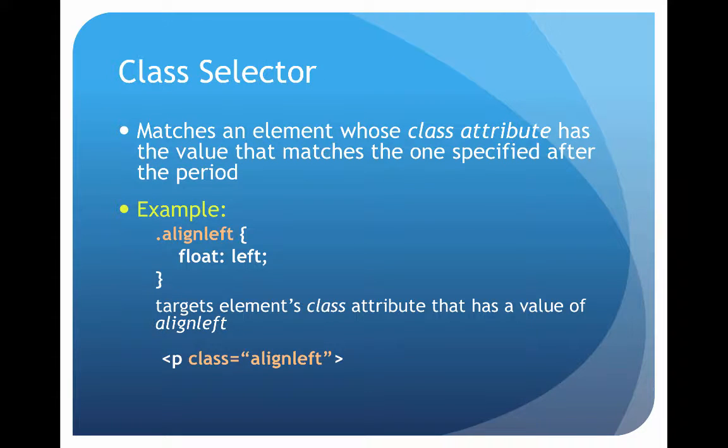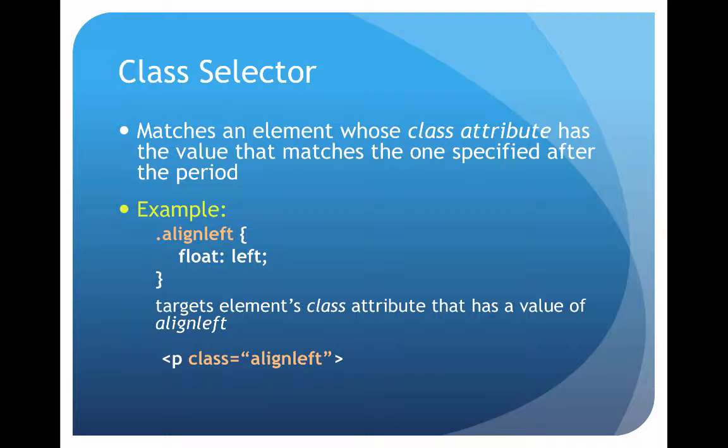The second type is referred to as a class selector. What a class selector is, and it's probably the next broadest use of a style type or a selector to the element selector that we just saw, because what this does is it can match an element whose class attribute, and I'll show you what that is, has the value that matches the one specified after a period.